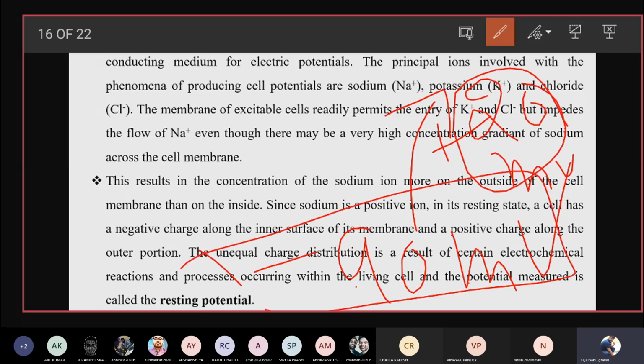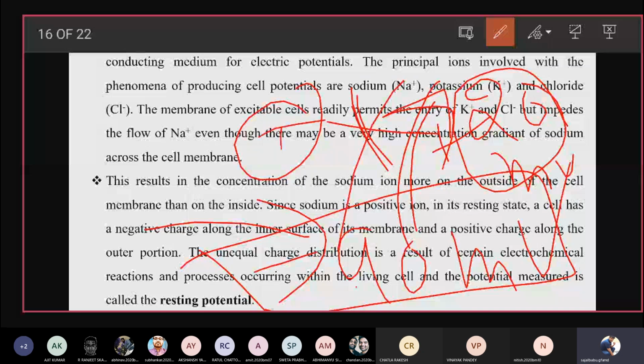Okay, this is known as your resting potential, which is there when the cell is in the rest position, and whenever you excite this cell, this potential will reach plus 20 millivolts. That means the outer, which is positive at that time, will become negative, in such a way that the outer becomes more negative compared to the inner potential. Because I have already said that whenever you measure the potential, you take the outer voltage as your reference voltage and compare the inner voltage with it.